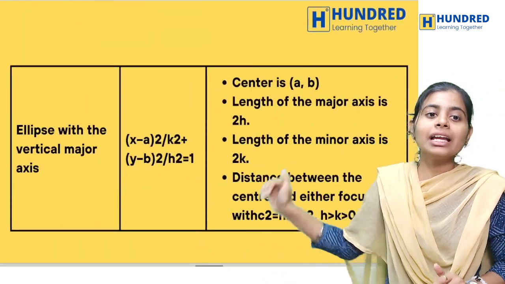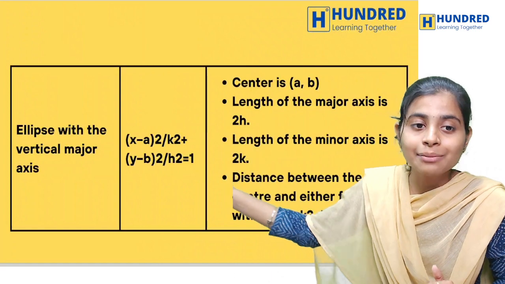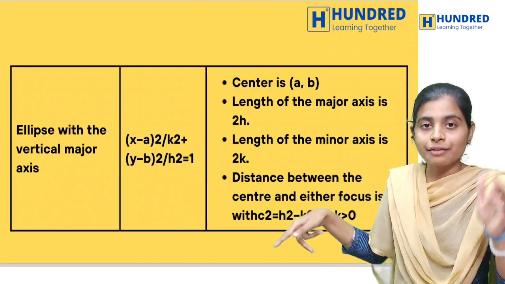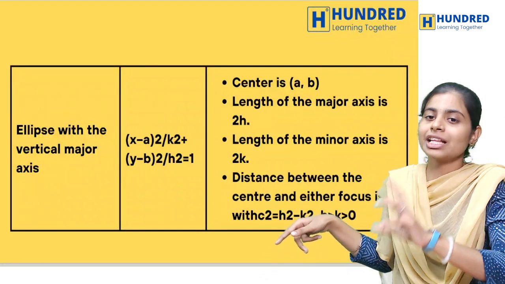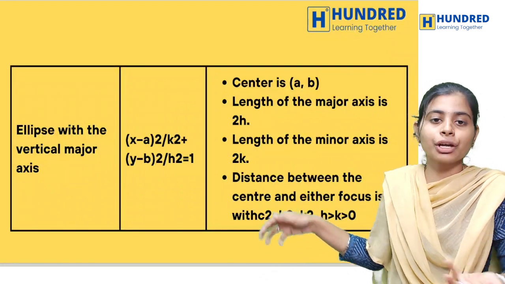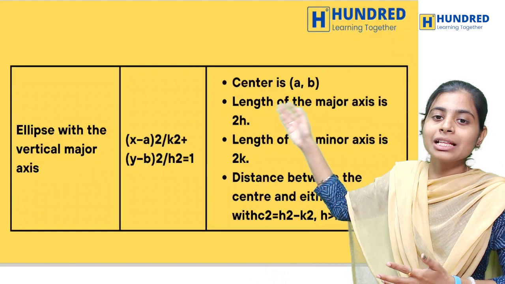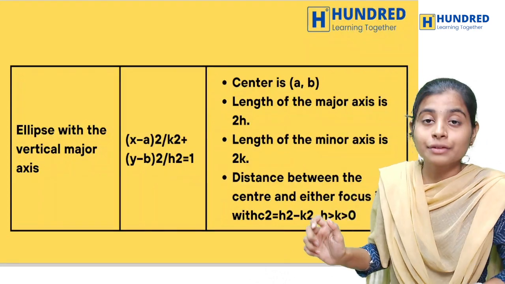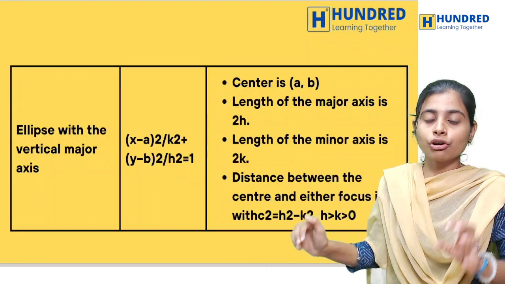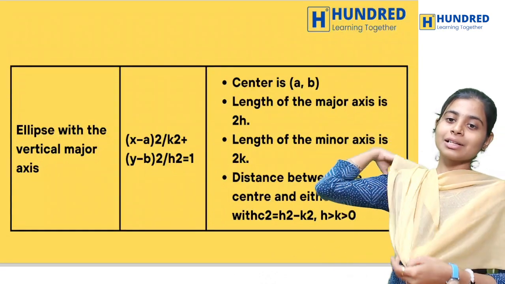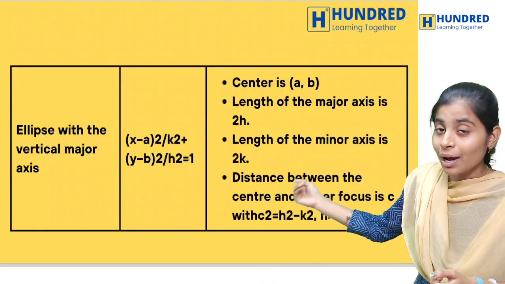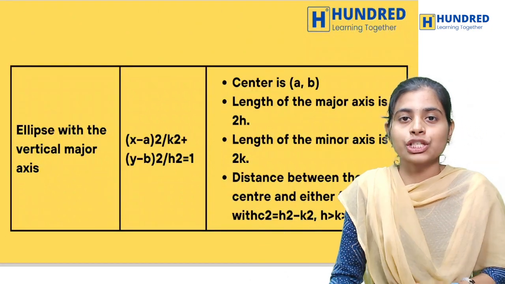Then for an ellipse with the vertical major axis, it is (x minus a) whole square divided by k square plus (y minus b) whole square divided by h square. The center is (a, b), the length of the major axis is 2h and the length of the minor axis is 2k. Here also c square equals h square minus k square.